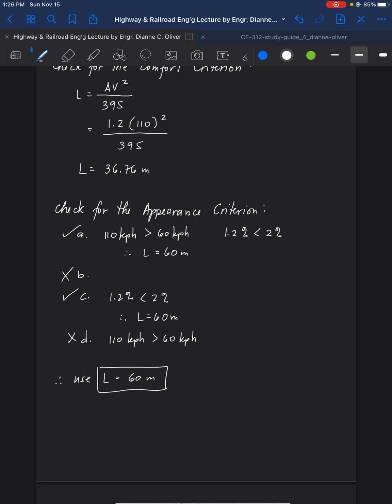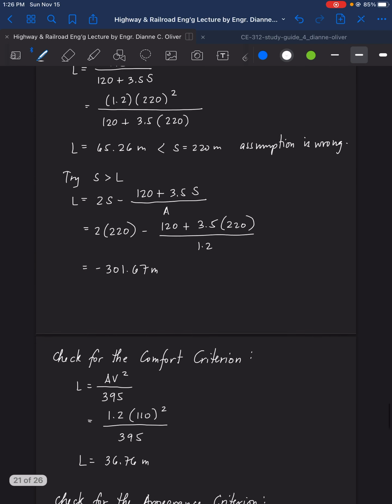Why? Because it is lesser than and nearer to S, 220 meters. Okay, so that is for example number 1.